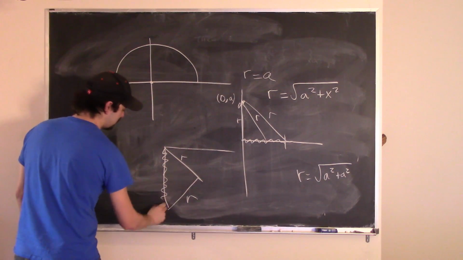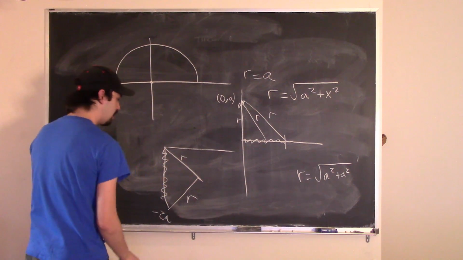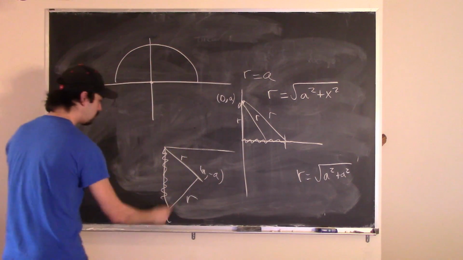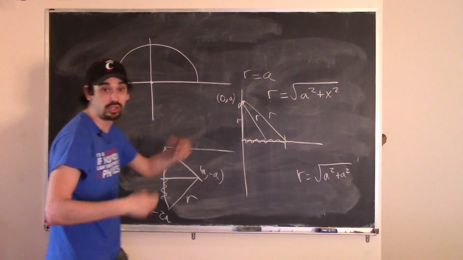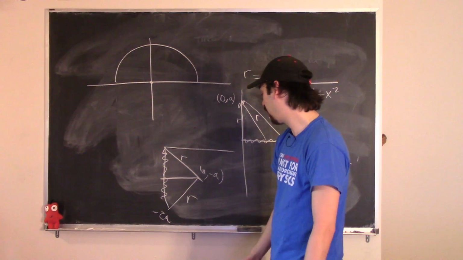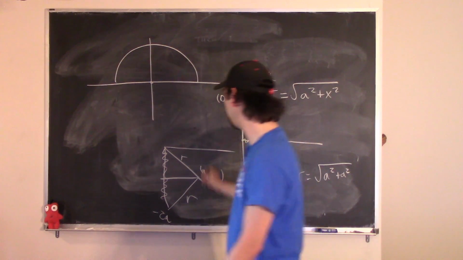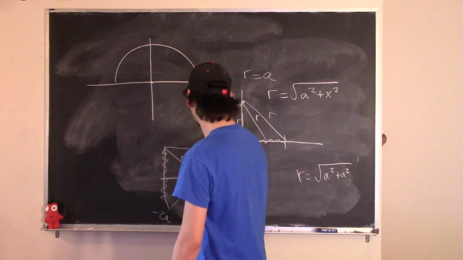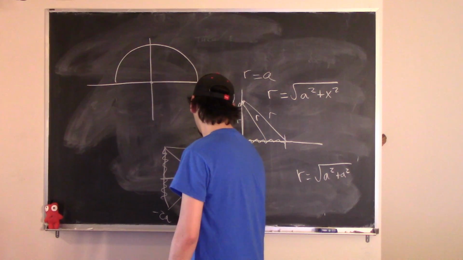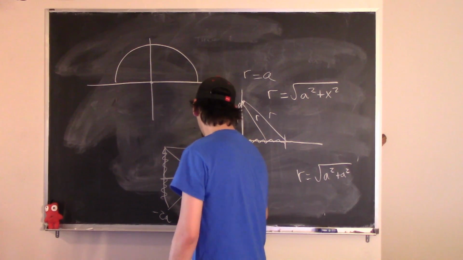So if this is minus 2a and this is a, minus a, two of the values for R actually are the square root of a squared plus a squared, right? Because I can look at this and I can say this is the square root of a squared plus a squared, and this is equal to the square root of a squared plus a squared, right?